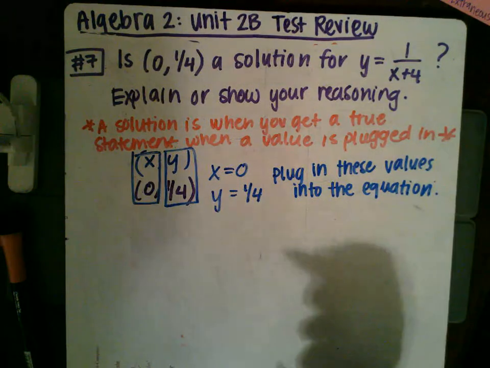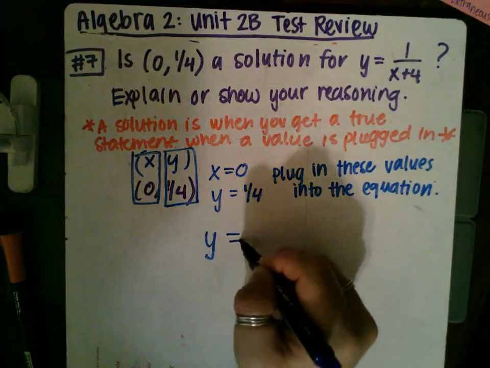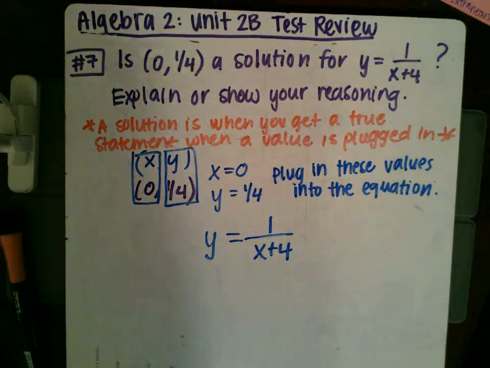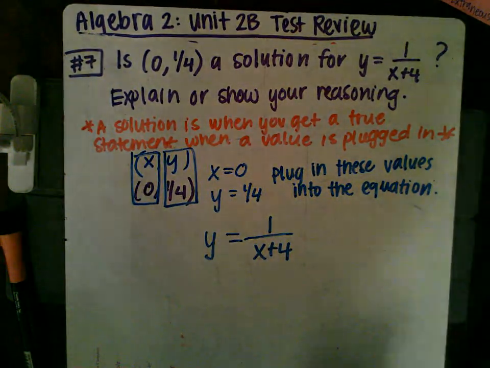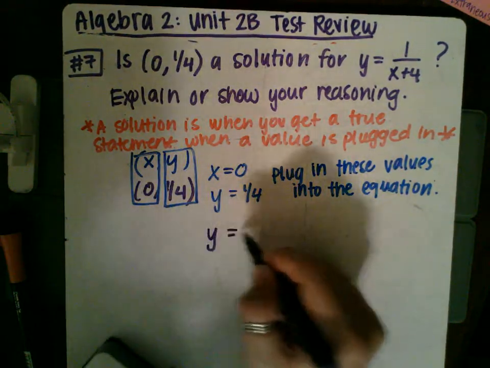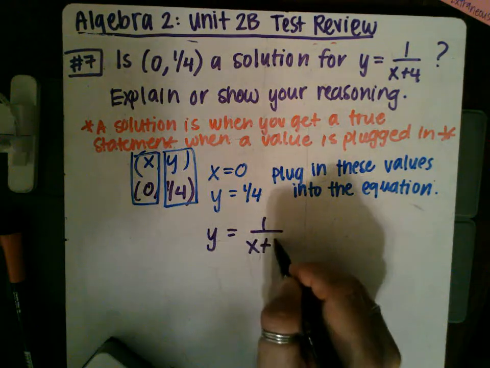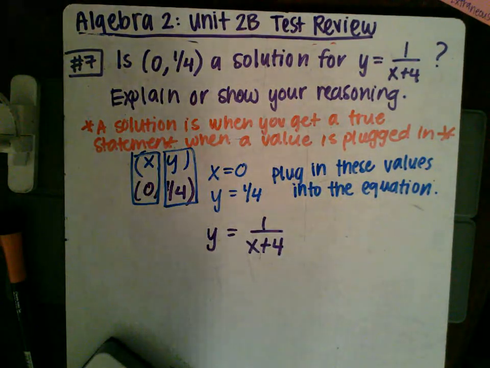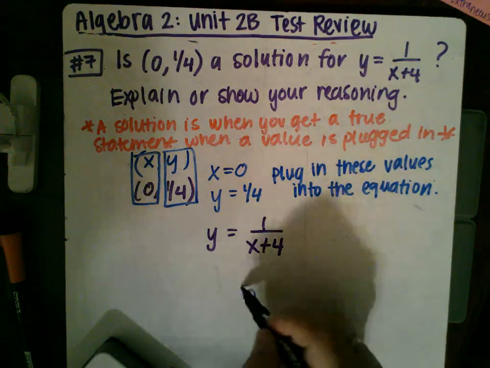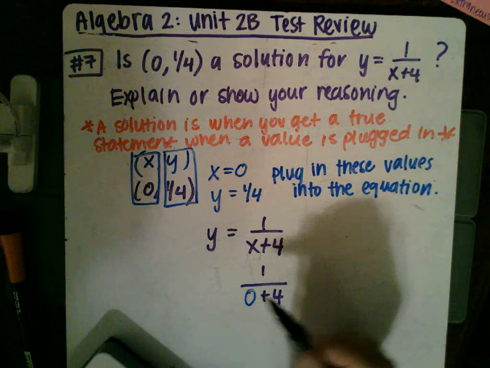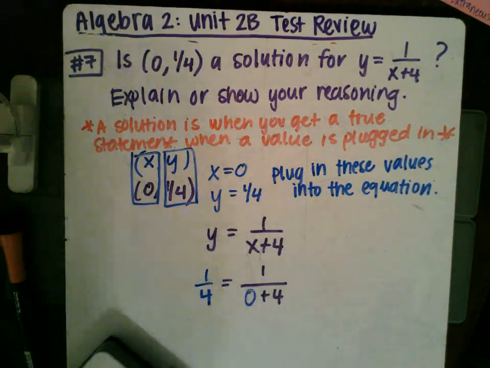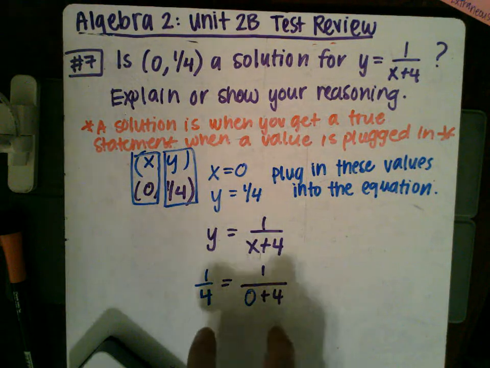So we have the equation y equals 1 over x plus 4. I should probably do that in a different color, actually. So we have the equation y equals 1 over x plus 4. And if I plug in x equals 0 and y equals 1/4, I'm seeing if I get a true statement here.